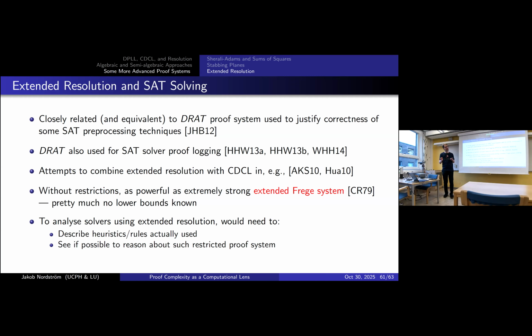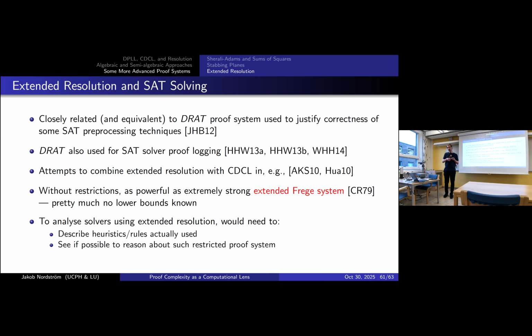And now the situation with SAT solving is that if I want to model faithfully everything that a modern SAT solver does, then I would need also to analyze extended resolution proofs, and lower bounds for SAT solvers would require lower bounds for extended resolution and extended Frege, and we're nowhere close to that. That's way beyond. Lower bounds even for Frege without extension variables would be a major breakthrough.